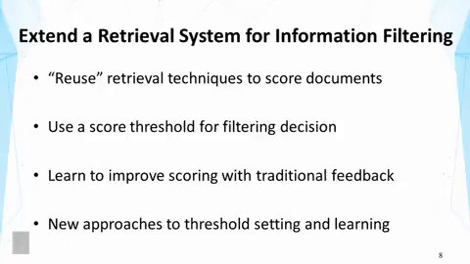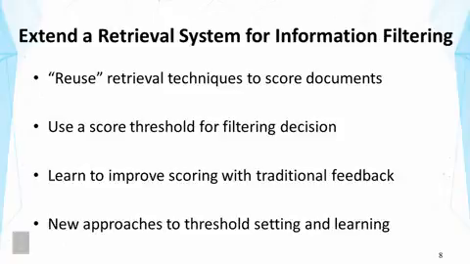And then we can use a score threshold for the filtering decision. We do retrieval, and then we find the scores of documents, and then we apply a threshold to see whether a document is passing the threshold or not. And if it's passing the threshold, we're going to say it's relevant, and we're going to deliver it to the user. And another component that we have to add is of course to learn from the history.